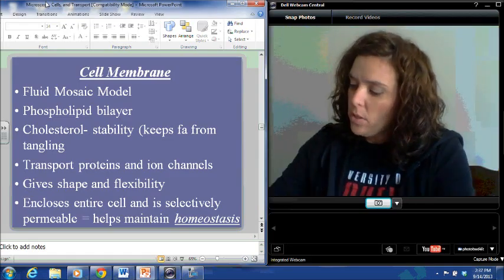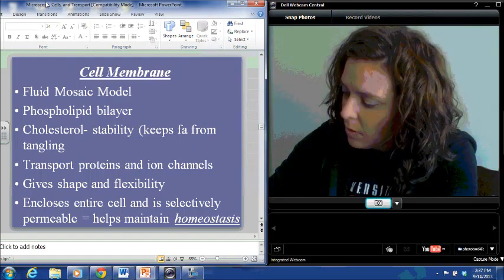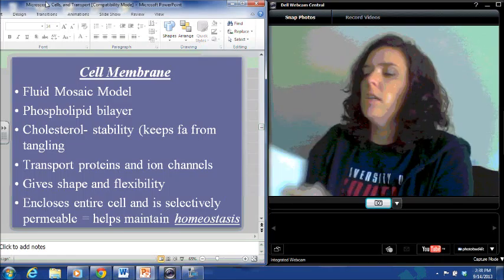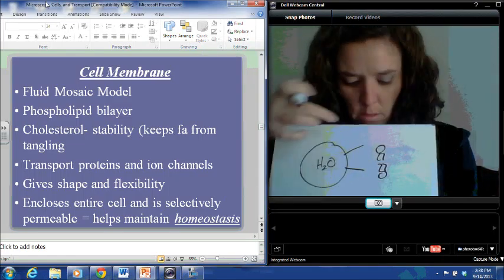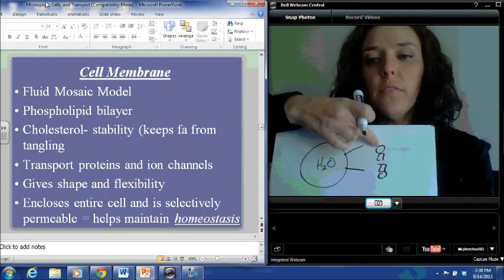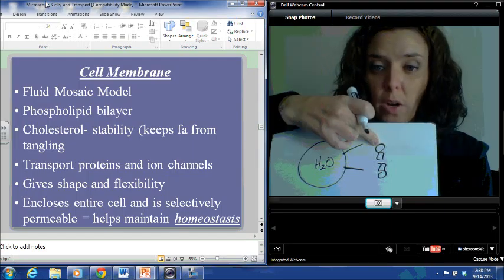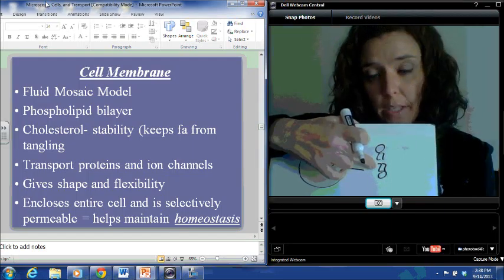If I were to expand this area, it would look like this all the way around. Remember that the phosphate heads are hydrophilic, so they're attracted to water, and the tails are hydrophobic, so they repel water.